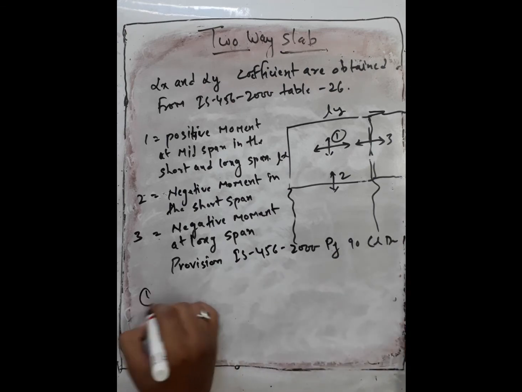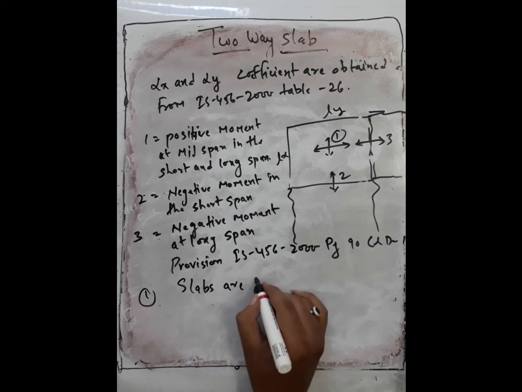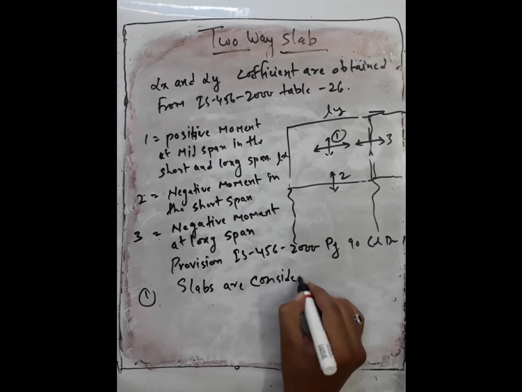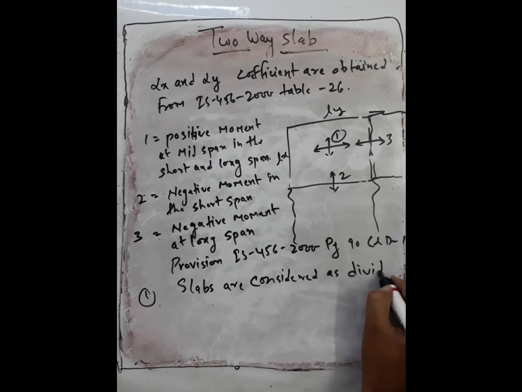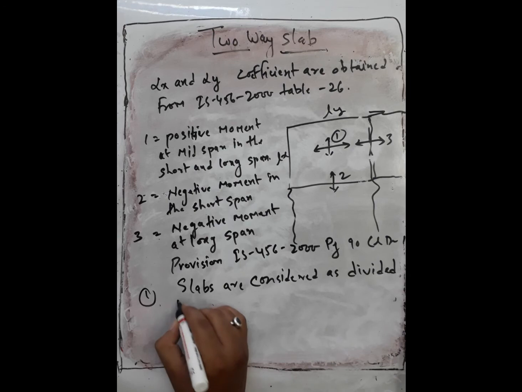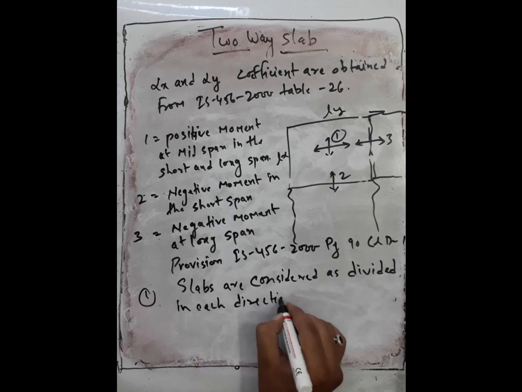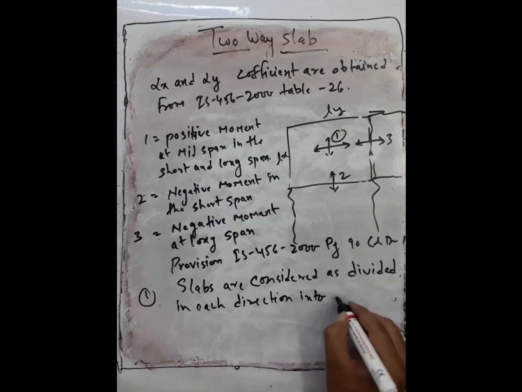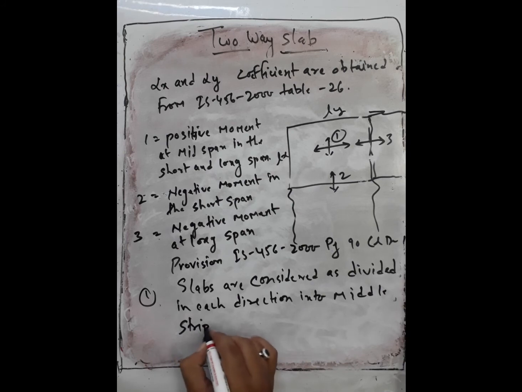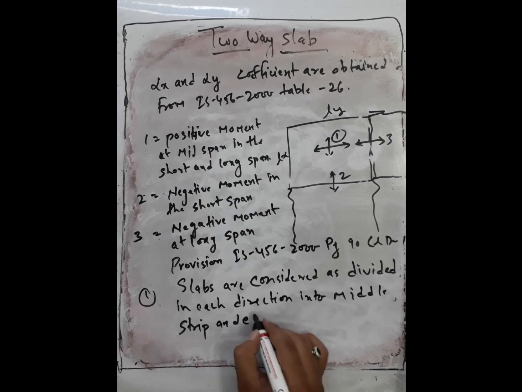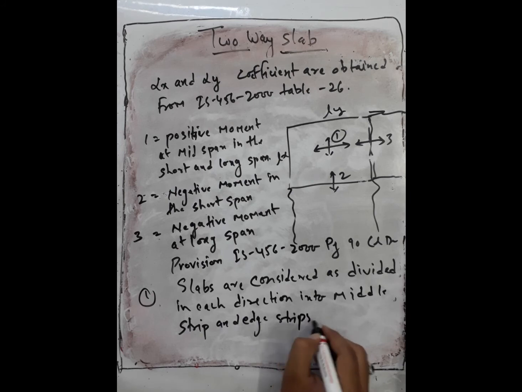These provisions are: slabs are considered as divided in each direction into middle strip and edge strips.